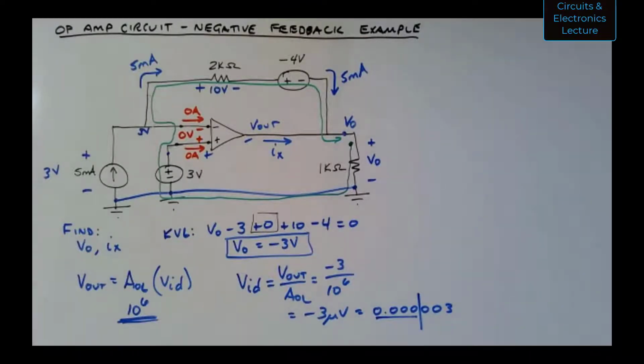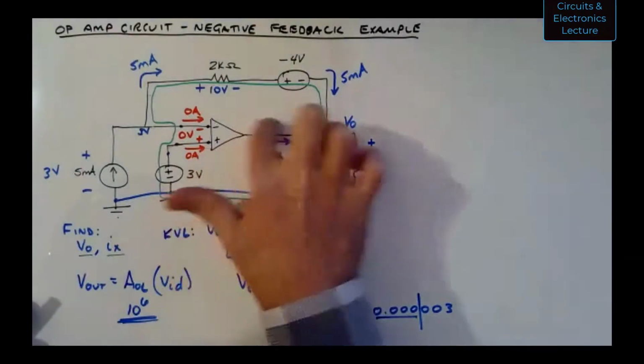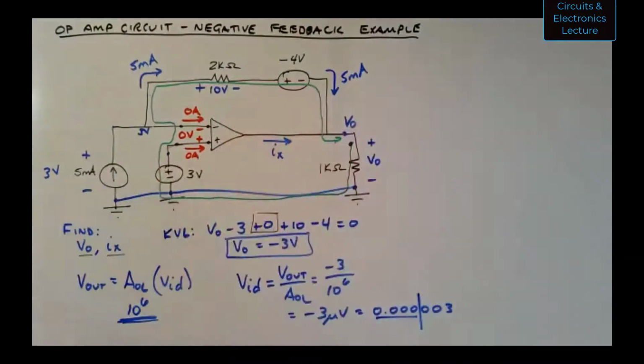Okay. All right, so what we've figured out now is VO. Now we want to figure out IX. Let me get rid of this here. IX is the current coming out of the op amp.